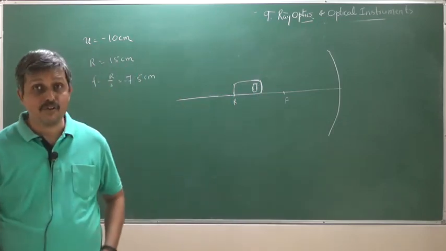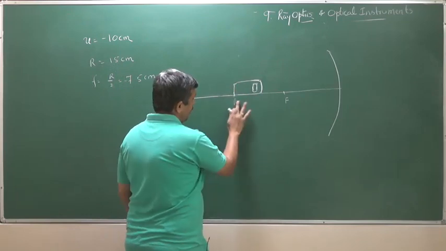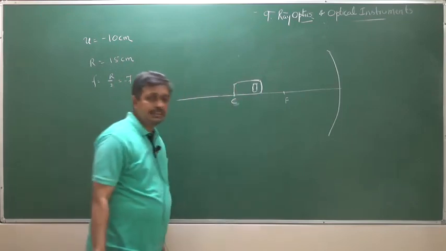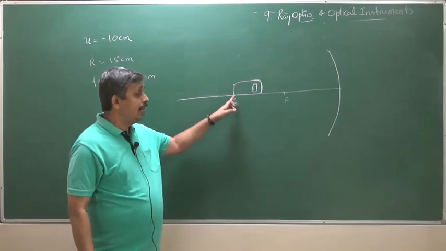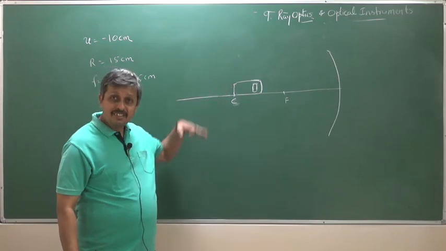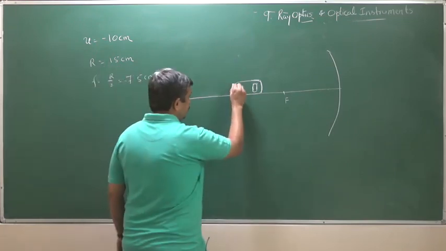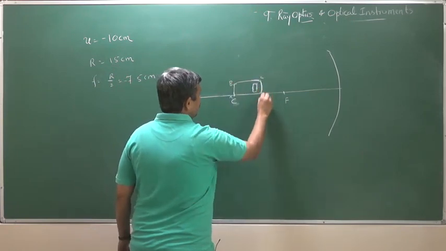From there I can find out. This I'll write as C, and the distance is R. If you keep an object on C, the image will also be on C, inverted. So this line AB, and CD if you have.